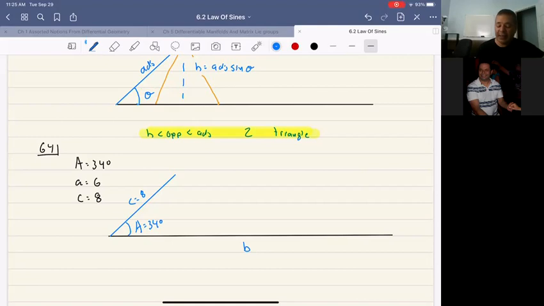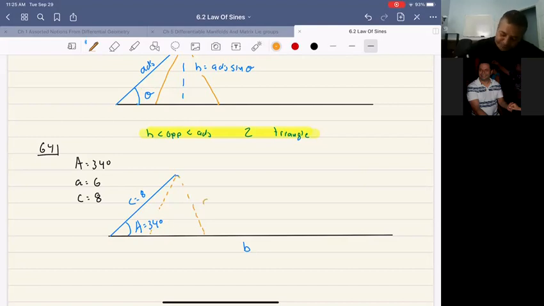Okay, then a is 6. So since a is 6, you definitely can see even that, hey, if I can close the gap, I can have two triangles.